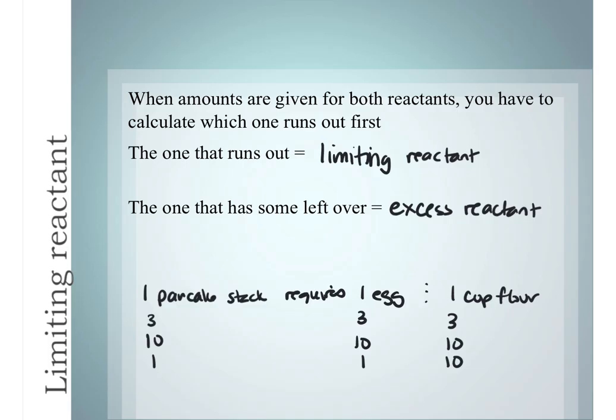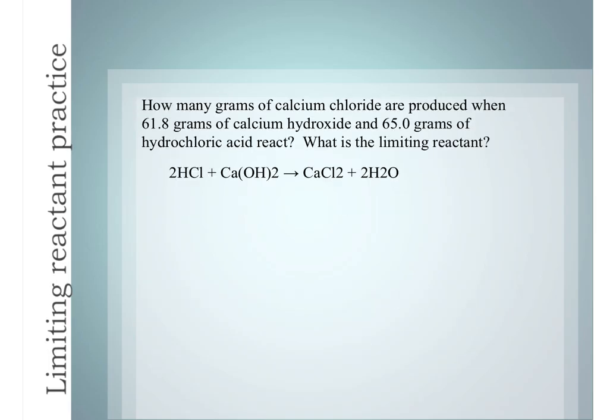You may need to refer back to your notes from the first of the stoichiometry lessons about converting from grams to grams. Okay, so let's start off with this balanced equation, and let's read the question together. How many grams of calcium chloride are produced when 61.8 grams of calcium hydroxide and 65 grams of hydrochloric acid react, and what is the limiting reactant?